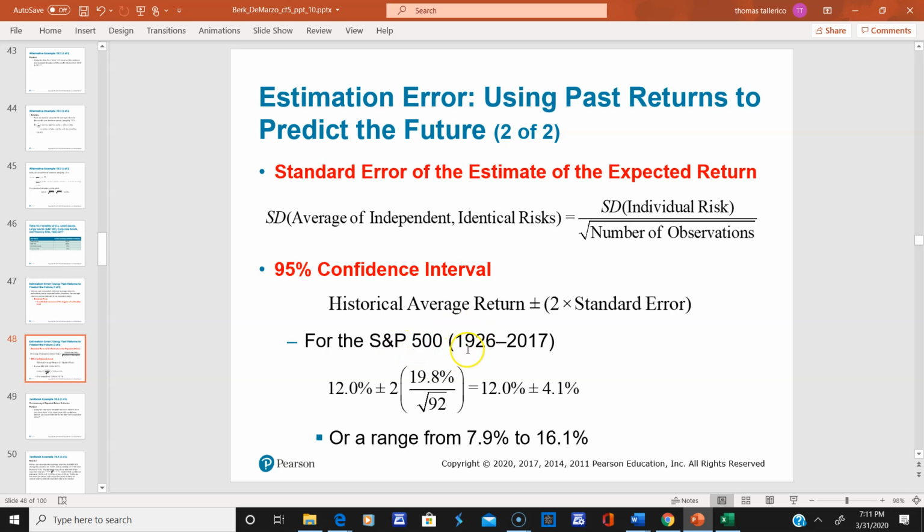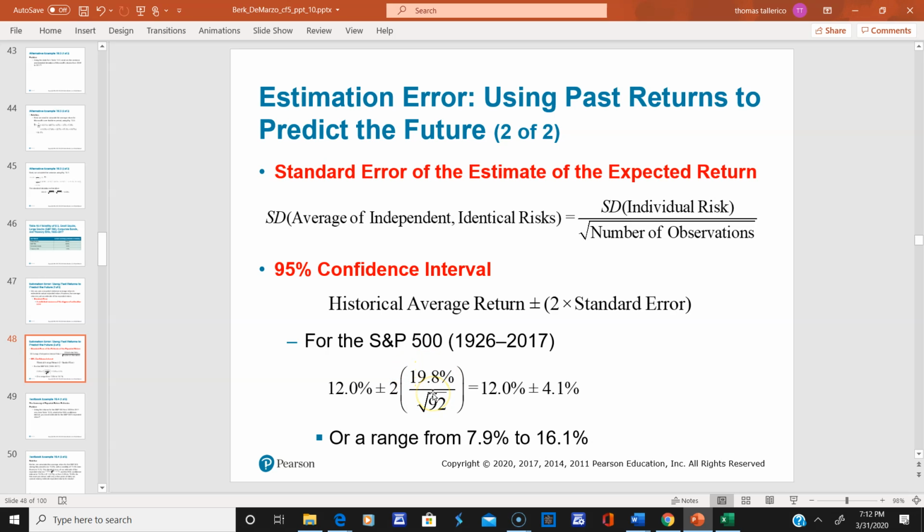So for the S&P 500, the historical average return, we would take that plus or minus 2 times the standard deviation over the square root of the number of observations.